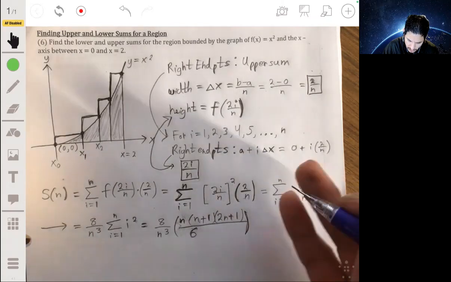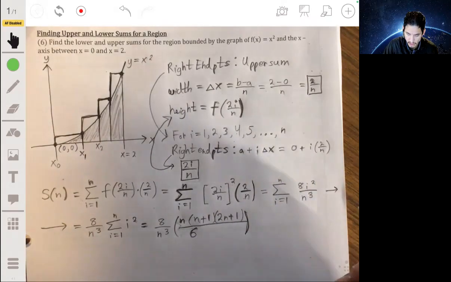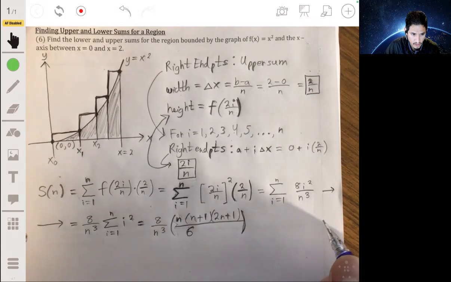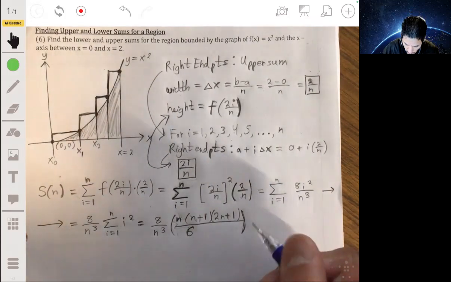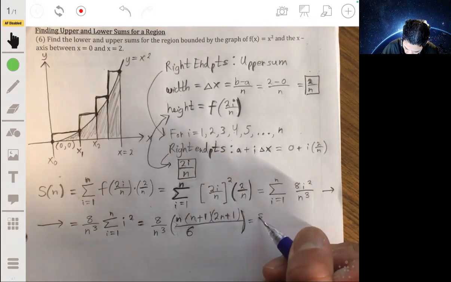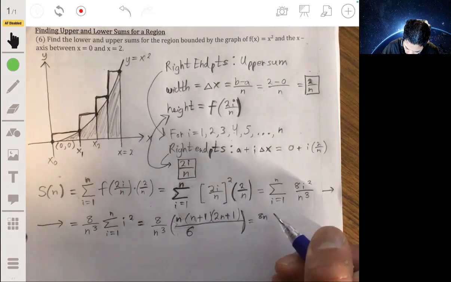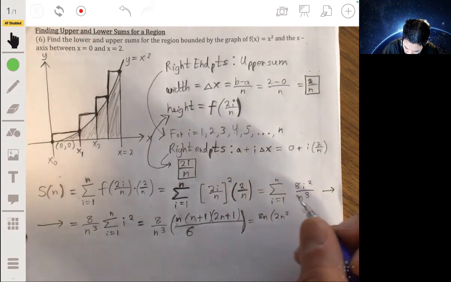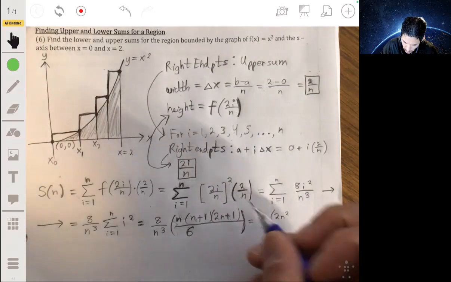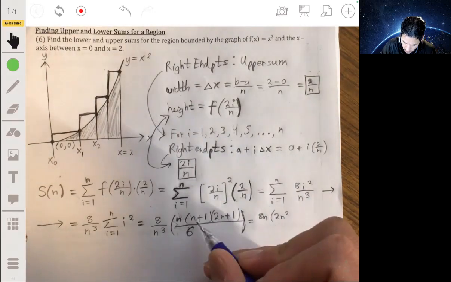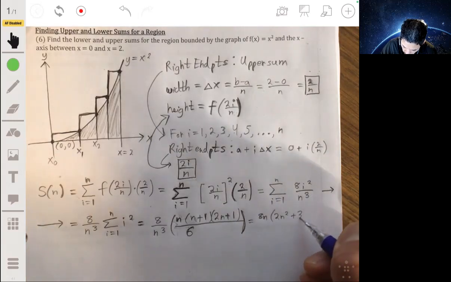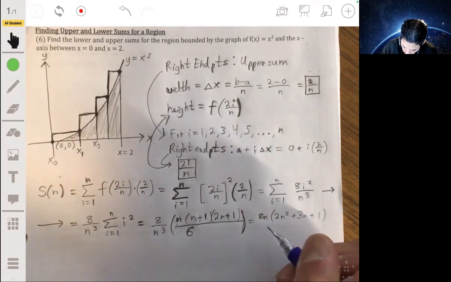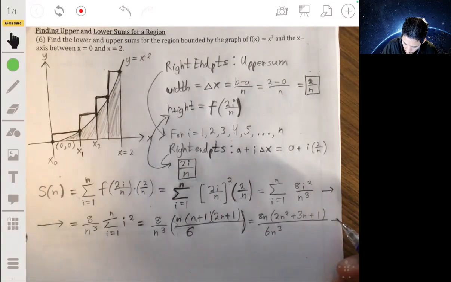And then we just break this down. So let's see what we can get here. So we'll have 8n times 2n squared plus n plus 2n, so plus 3n plus 1 over 6n cubed.